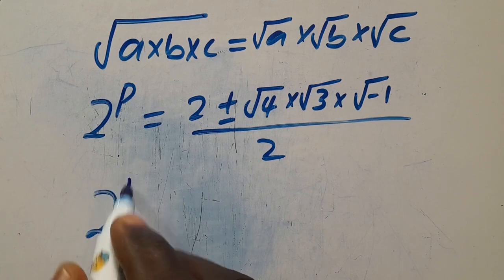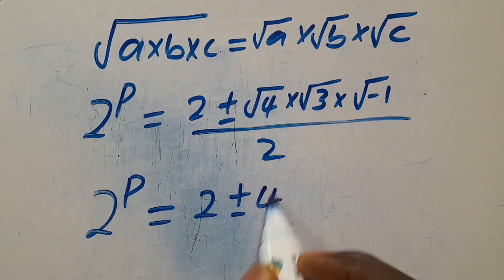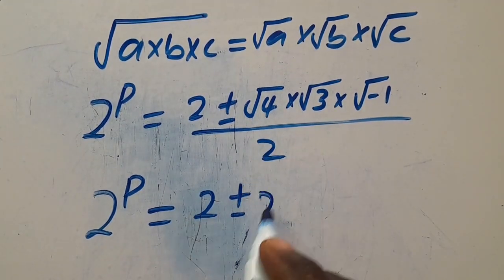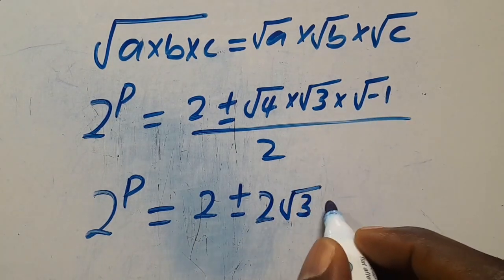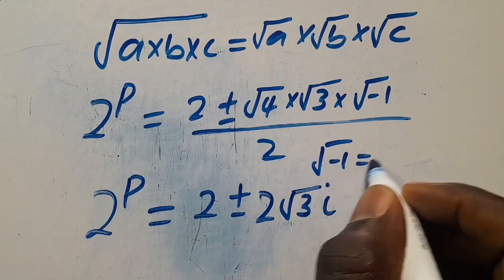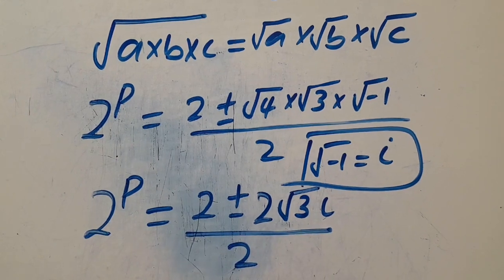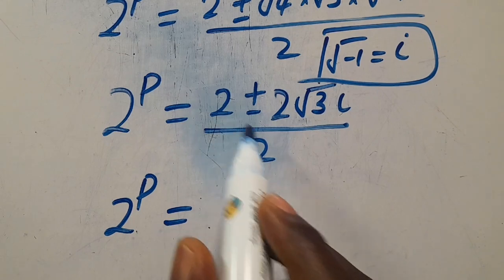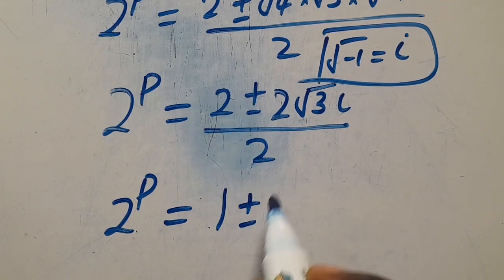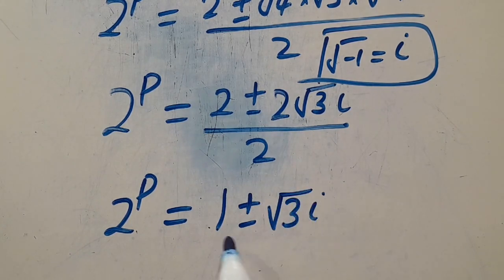So from here, root 4 will give us 2, multiplied by root 3, and root of minus 1 will give you i in a complex number, then all divided by 2. So 2 to the power of p equals, this 2 divided by this 2 we have 1, positive or negative, root 3i.